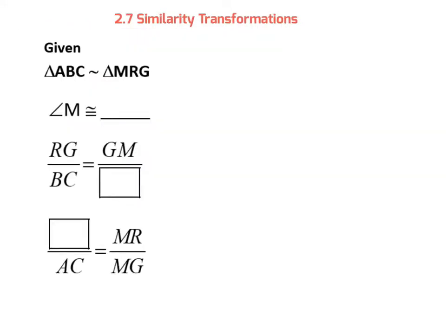We did something very similar to this. I keep using the word similar to this in that when we were talking about congruence. And we follow the same kind of logic, that if we talk about angle M, then we must be talking about angle A. And if we're talking about, let's watch this, the ratio of RG, the back two, to BC, the back two.